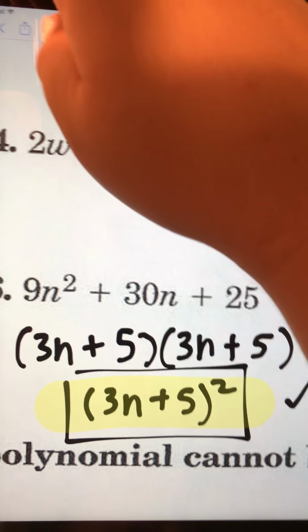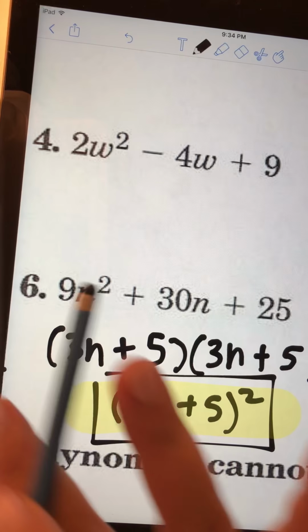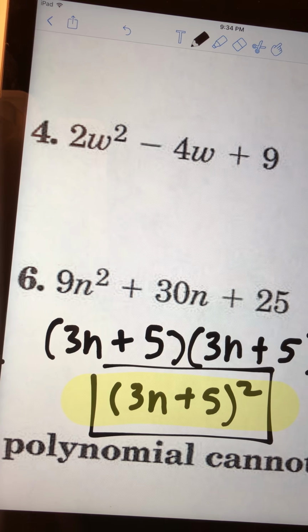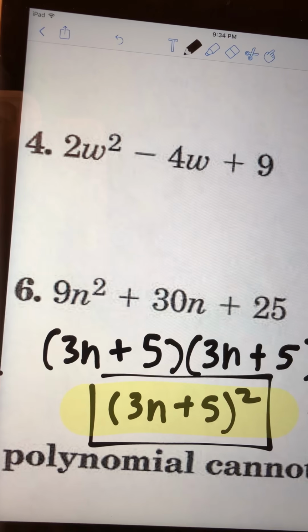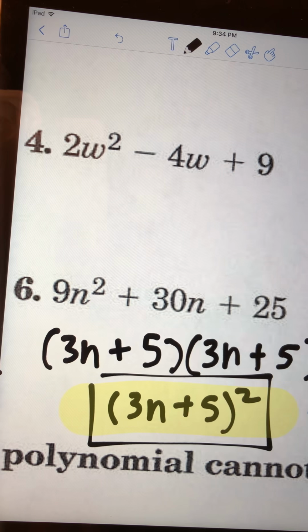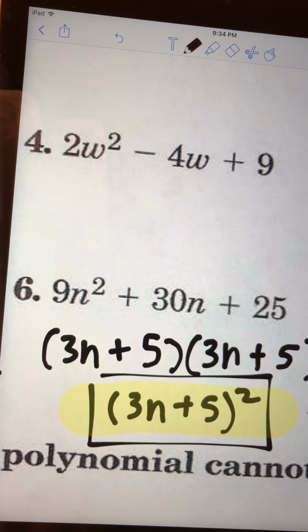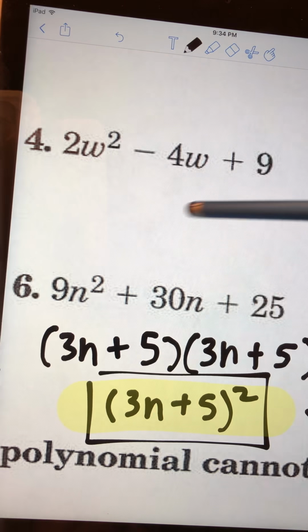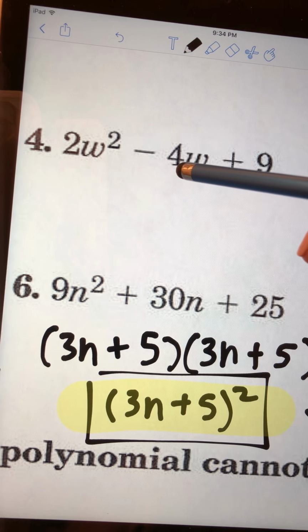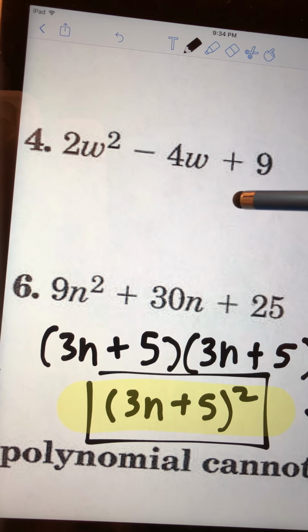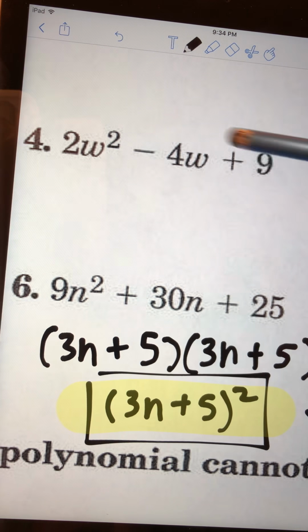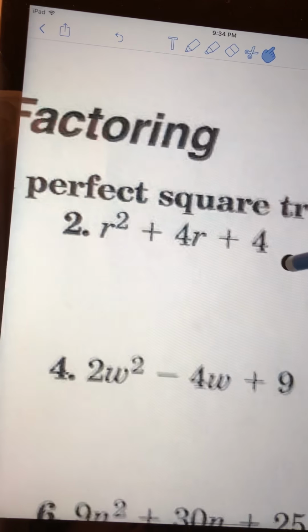Let's look at the problem right above it. So here, 2w squared minus 4w plus 9, when I look at the first term, can I take the square root of 2? No. Everyone should know that answer. So in this problem, we're not going to get a perfect square trinomial.